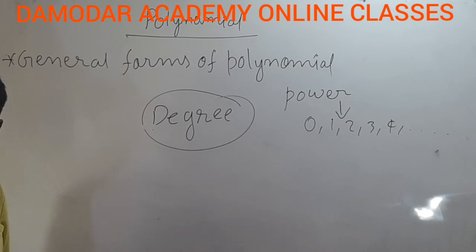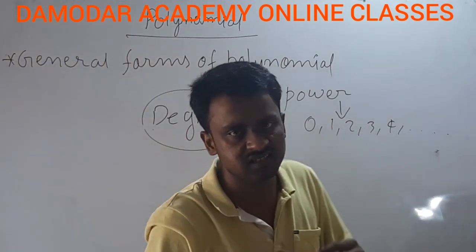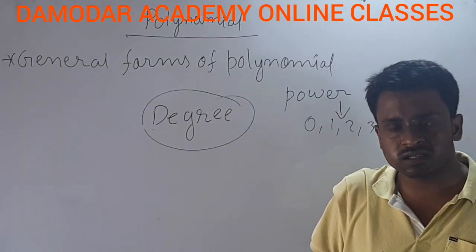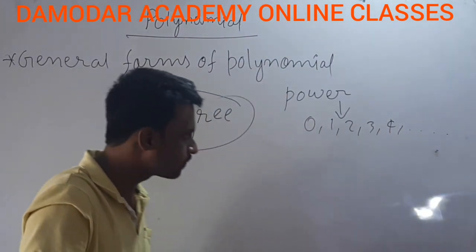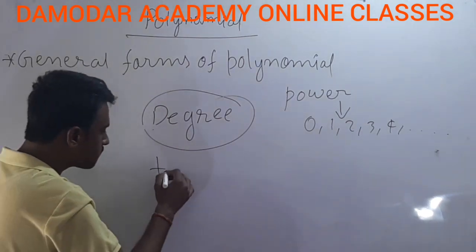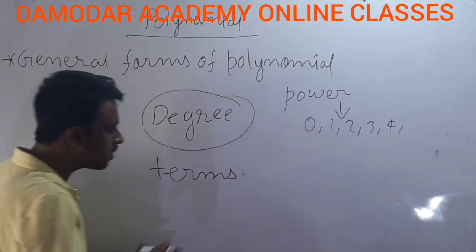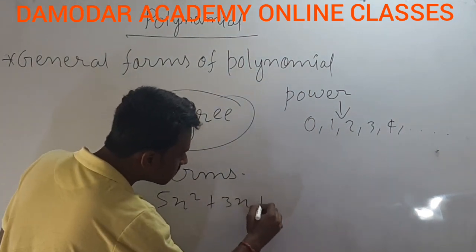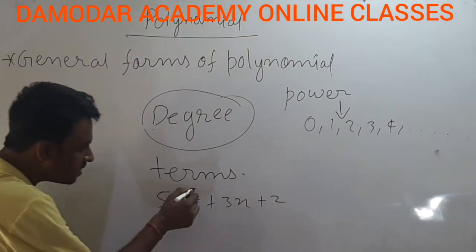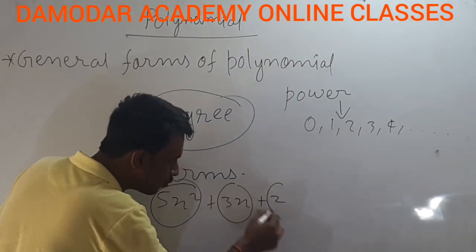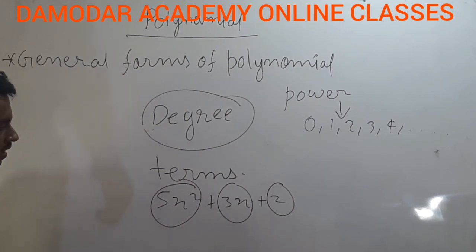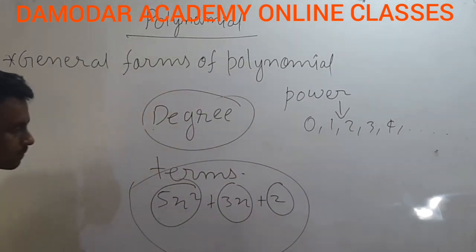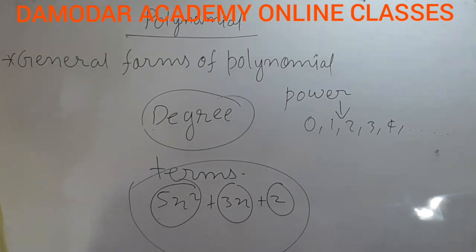That is the polynomial. And what is an algebraic expression? An algebraic expression is nothing but a combination of terms. And what are terms? For example, 5x squared plus 3x plus 2. These are the single terms, and with the combination of these single terms an expression is formed, and this expression is called an algebraic expression.